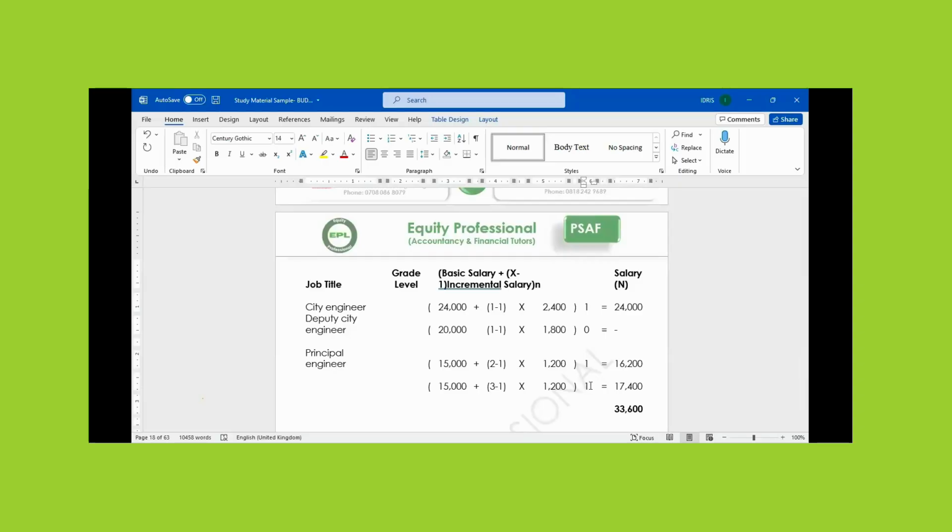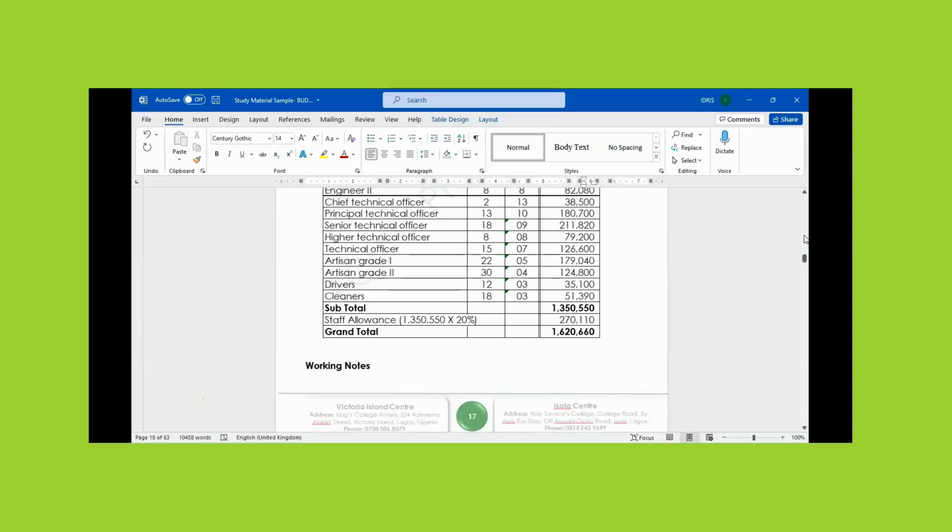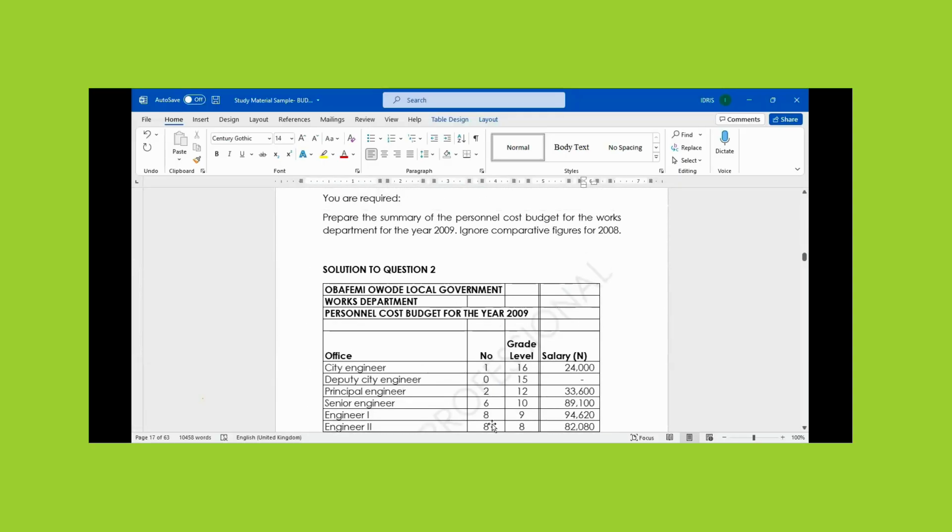So plus the 2 together, what is it going to give you? 33,600. That is what we are going to put in the solution under principal engineer. Principal engineer, 2 staff, grade level 12, amount 33,600.